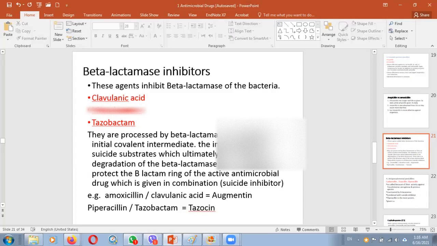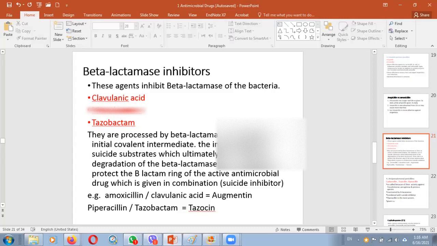So beta-lactamase comes to clavulanic acid wanting to inactivate it, but clavulanic acid acts like a suicide inhibitor, sacrificing itself so that it keeps or saves the penicillin or beta-lactam drug from being deactivated. Thus it clears the way for the beta-lactam to work on the bacteria and kill them.